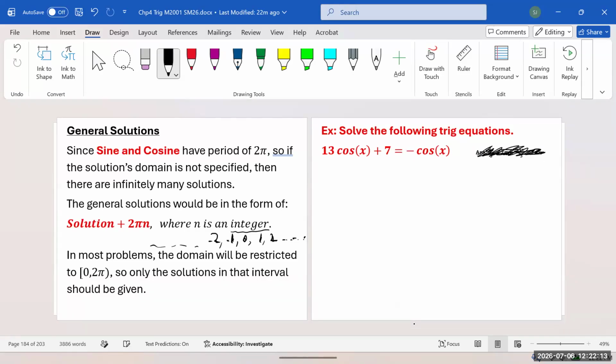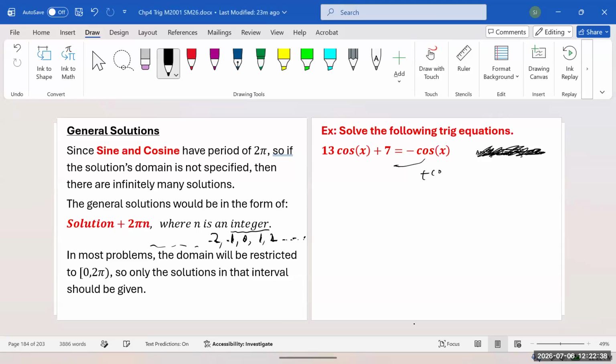So let me just answer and try doing this. We have 13 cosine x plus 7 equals minus cosine x. So if you ignore the cosine, basically we have 13x plus 7 equals minus x. So in algebra, how do you solve this type of equation? What do you do? We need to bring everything to one side.